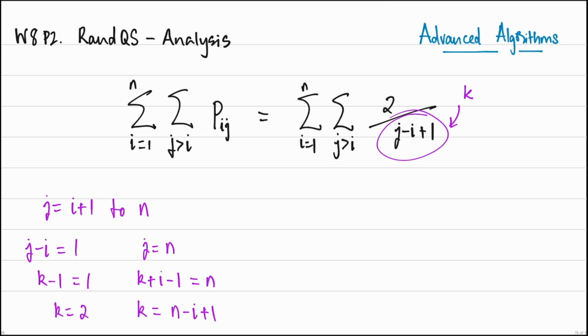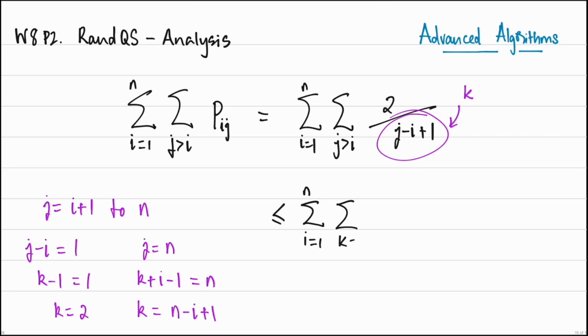So k ranges between 2 and n minus i plus 1. To keep things simple, I'm just going to throw in an upper bound here and allow k to range from 1 to n. That's just going to make my life a little bit simpler here.